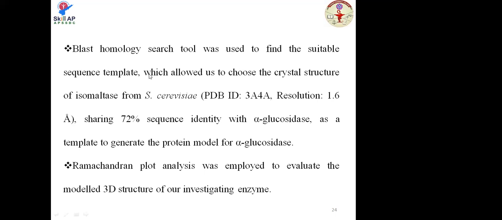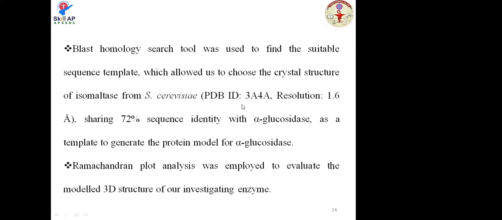After identifying the query sequence, we performed BLAST in order to identify the best template for the alpha glucosidase enzyme. Here you can see the PDB ID 3A4A. This PDB ID belongs to isomaltase of Saccharomyces cerevisiae.